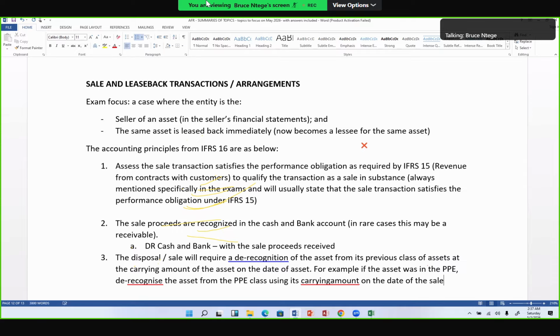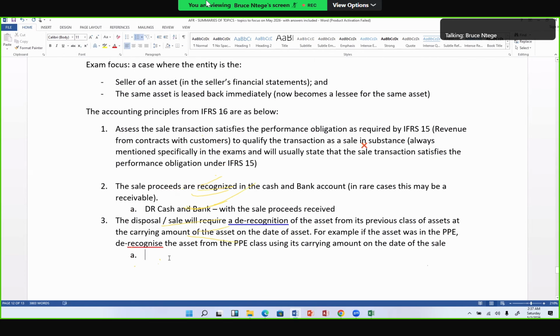So the double entry in that case is that you are crediting it out of the asset class, like PPE. You're crediting it out of the previous class, e.g., out of PPE, because it's not PPE anymore. It's now going to be a right of use asset.